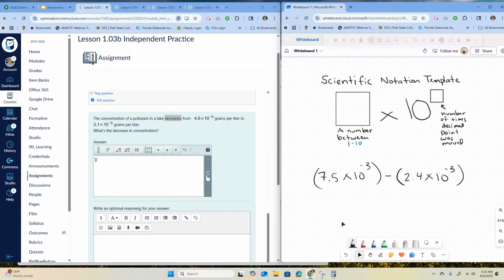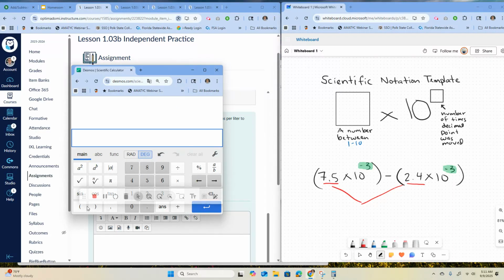Again, like I mentioned in the previous problem, the only time you can add or subtract numbers in scientific notation is when you have the same exponent, and I do. When you have the same exponent, you're going to subtract the coefficients, so the ones that I underline in red. So taking your calculator, you're going to subtract 7.5, you're going to subtract 2.4, and when you do that in the calculator, you're going to get 5.1.